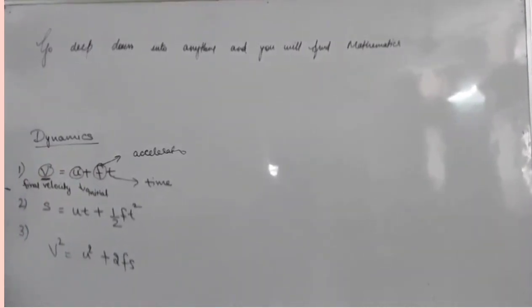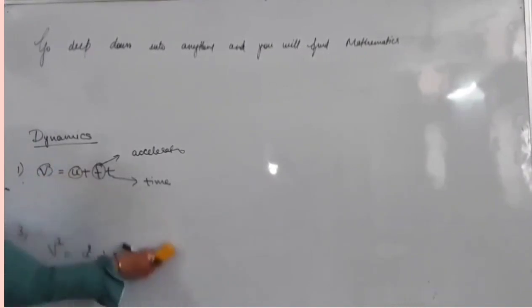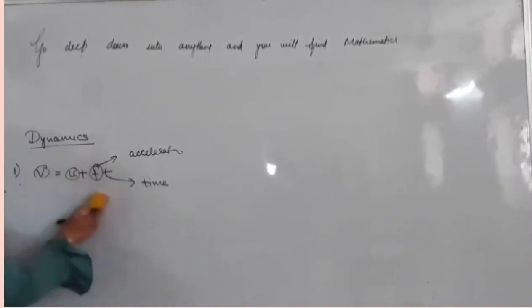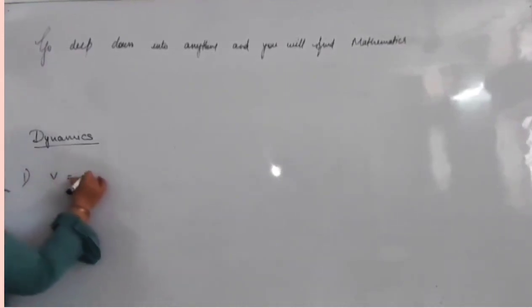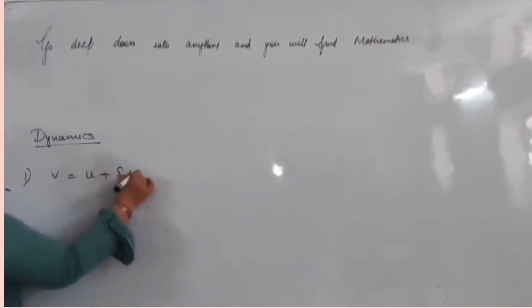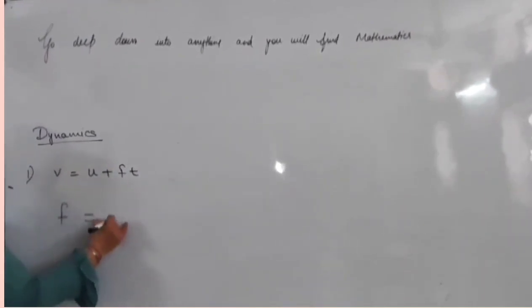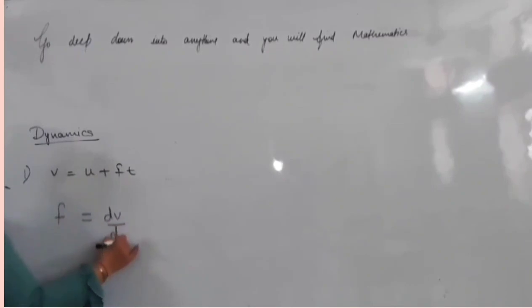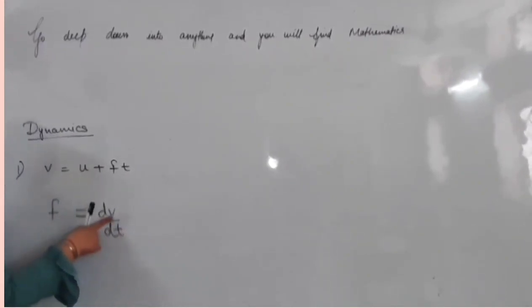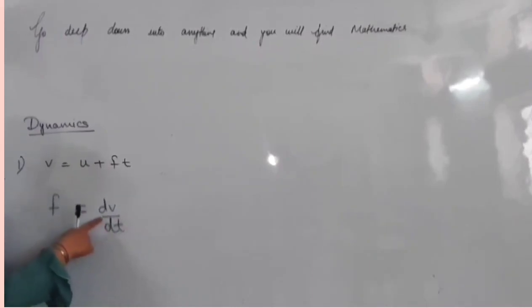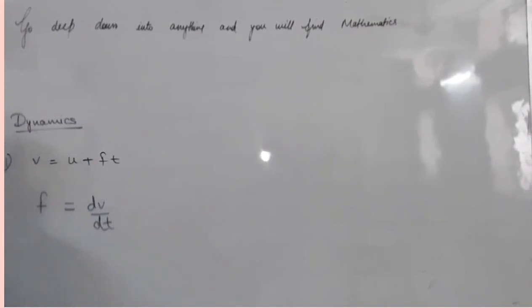So first one is V is equal to U plus Ft. First we will use this. For this, we all know that F is equal to dV upon dt, which states that rate of change in velocity, that implies change in velocity in the unit time taken.